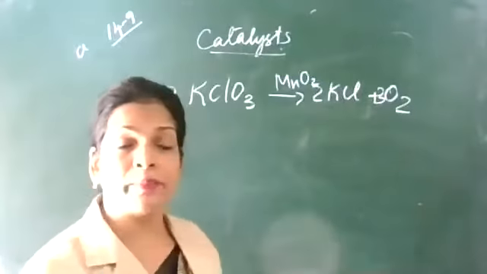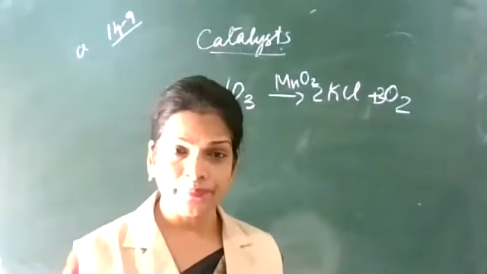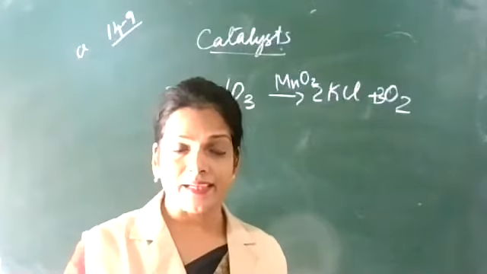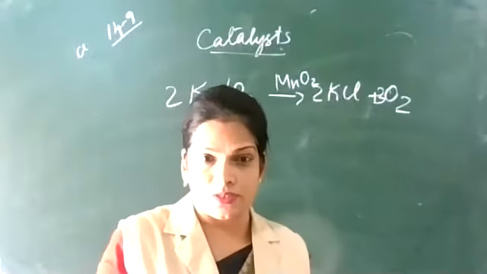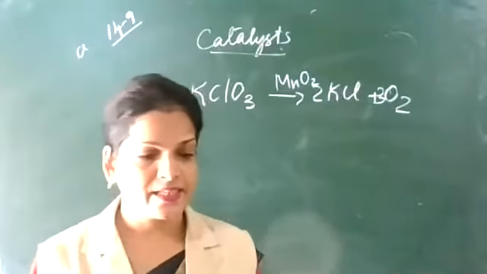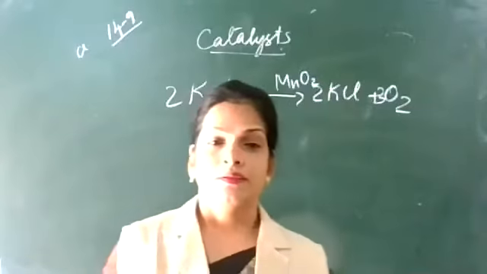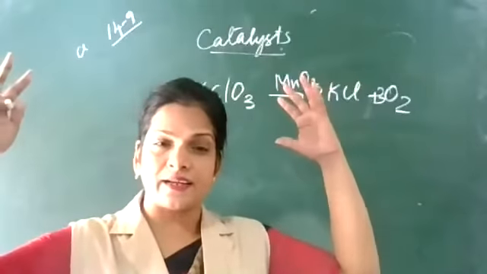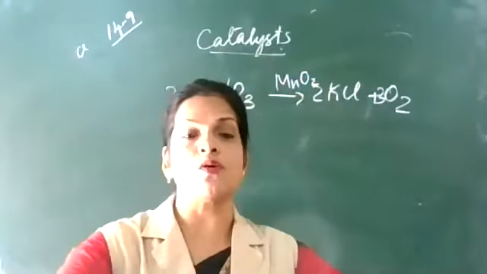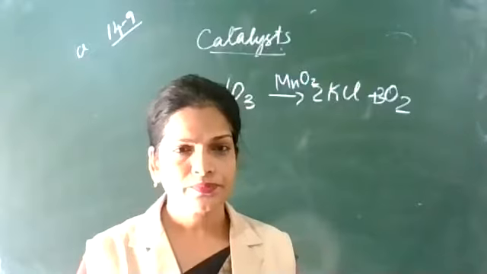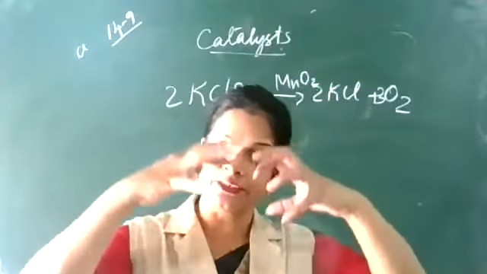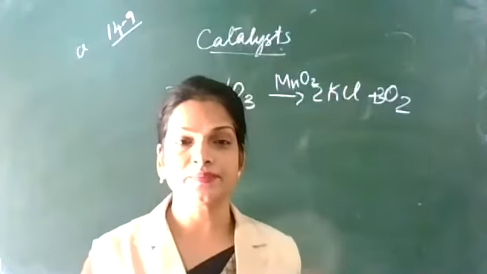Catalysts work on the basis of adsorption theory only. So what are the steps of the adsorption theory of catalysis? The reactants are made to diffuse onto the surface of the catalyst, and these reactants get adsorbed on the surface of the catalyst.